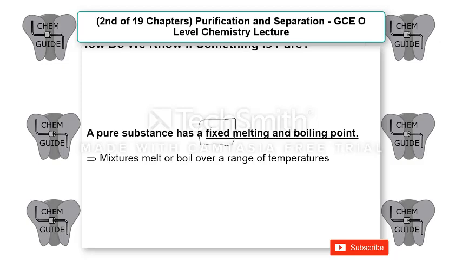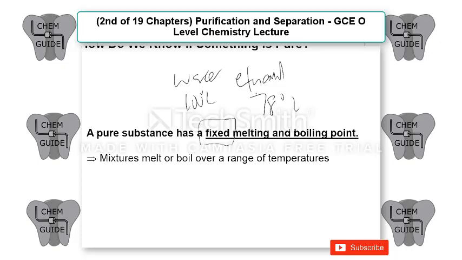If I add in something else, it will boil over a range of temperatures. For example, my water ethanol mixture. Ethanol boils at 78, water boils at 100 degrees Celsius. If I add these 2 together, they will boil around this range of temperatures.